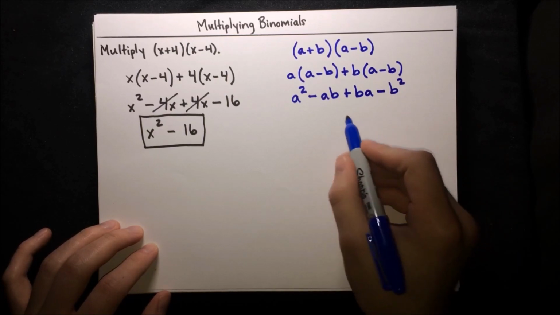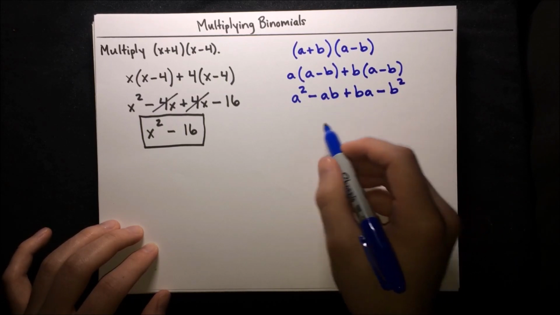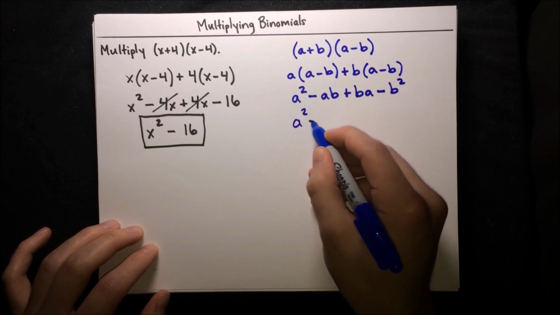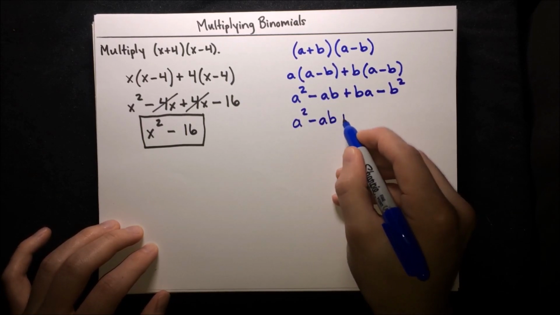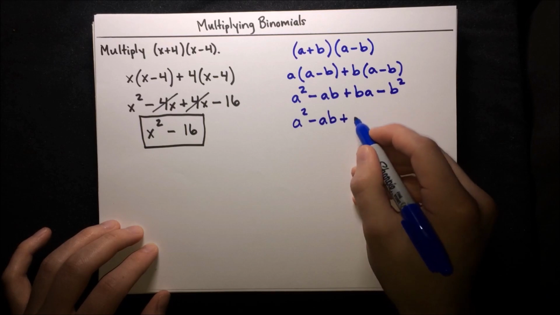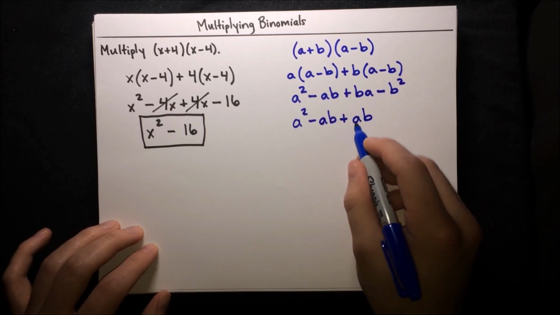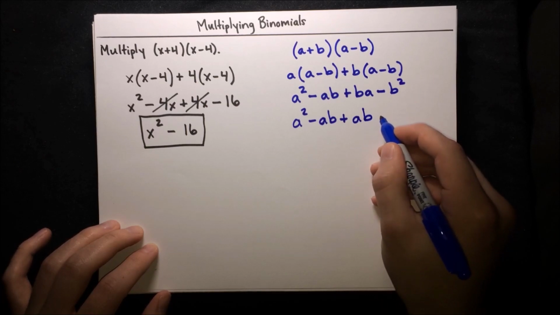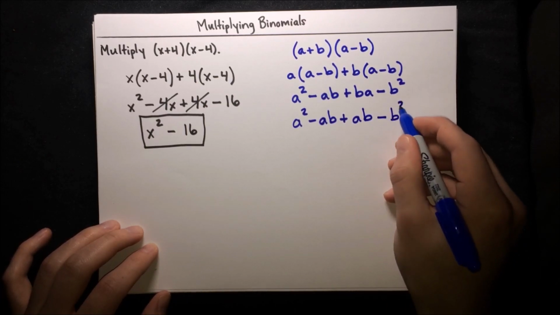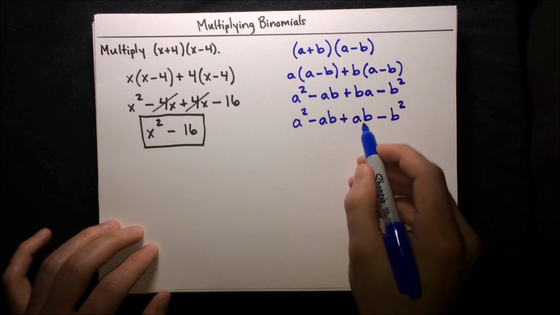Alright, now let's go ahead and rewrite these middle terms. So this time we'll write a squared minus ab plus, instead of writing ba, we'll write ab, because that's equivalent. Multiplication is commutative, so you can just switch it around like that. Okay, so that's minus b squared, and then we see that these middle terms cancel.